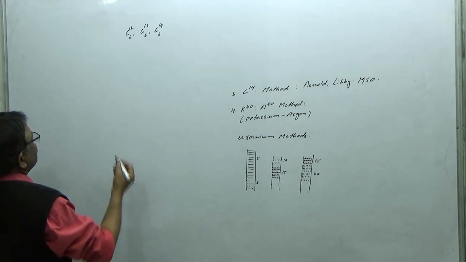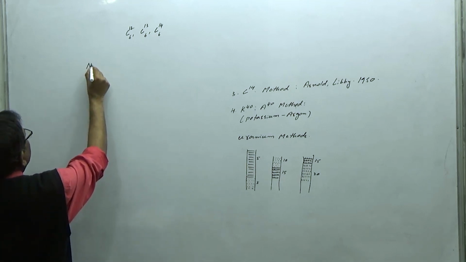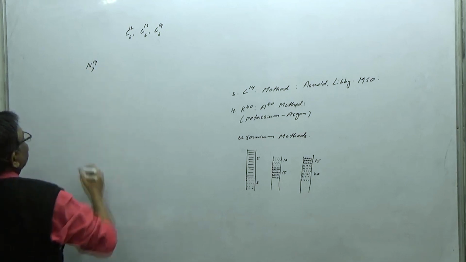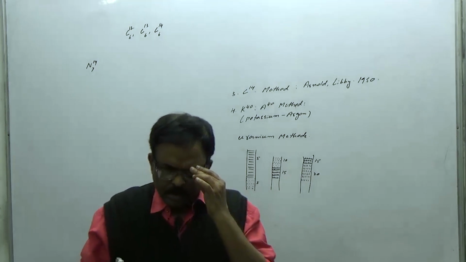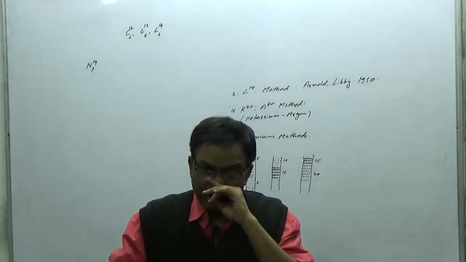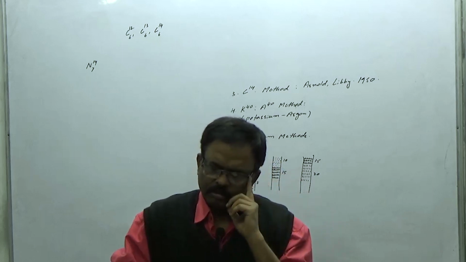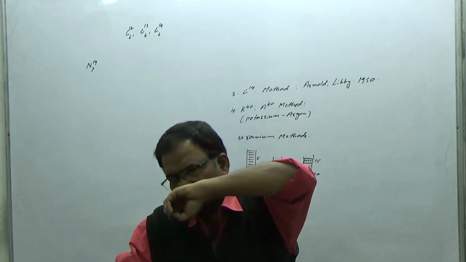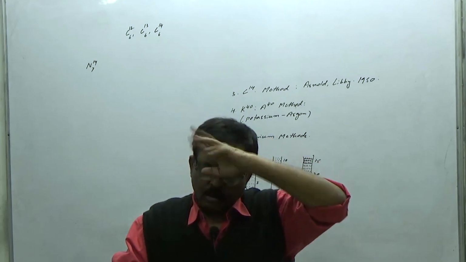See, in the atmosphere, the major element is nitrogen. What is the percentage of nitrogen in the atmosphere? 78 to 79%, 78.94. Next one, oxygen, 20.93, about 21%.